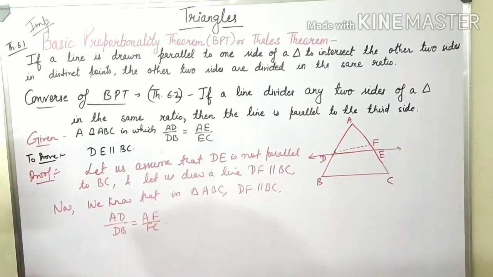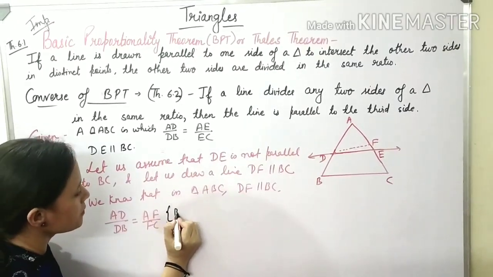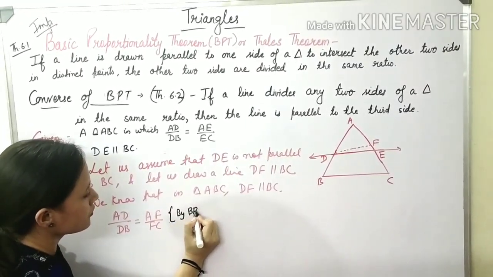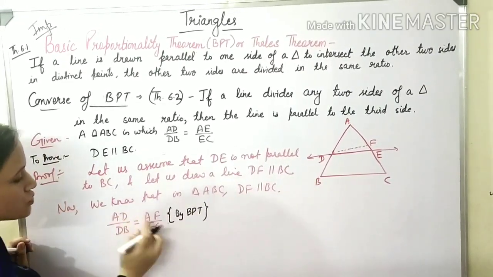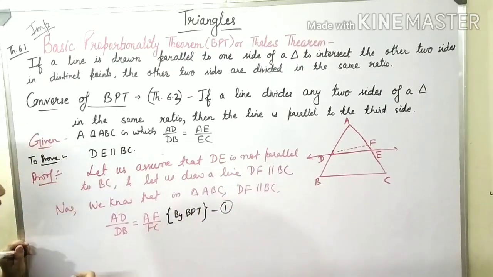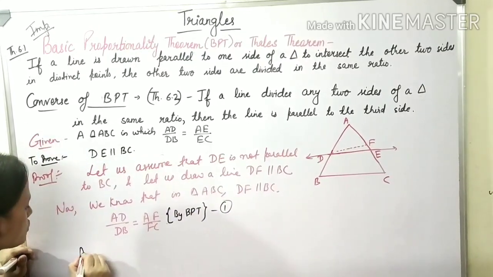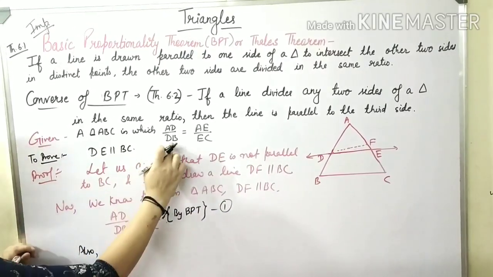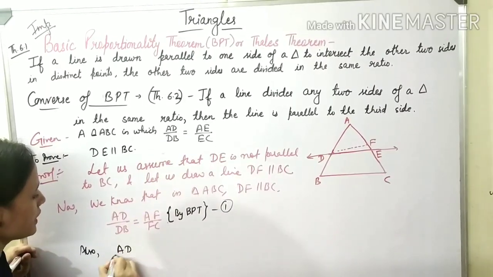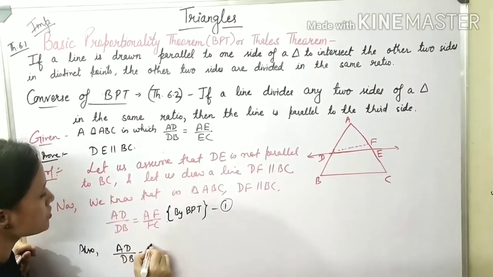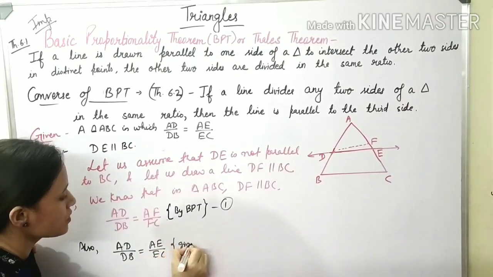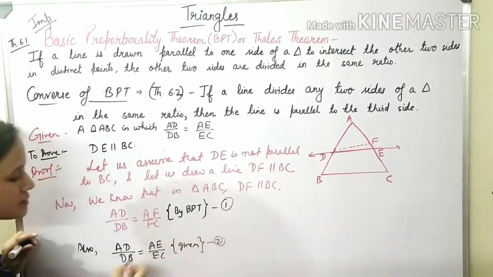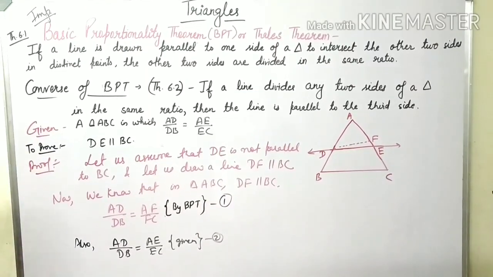Why are we writing this? By BPT: in a triangle, if a line is parallel to the third side, the other two sides are divided in the same ratio. Let us consider this as equation 1. Now, also, it is given AD upon DB is equal to AE upon EC. The reason is that it is already given. So let us consider this as equation 2.